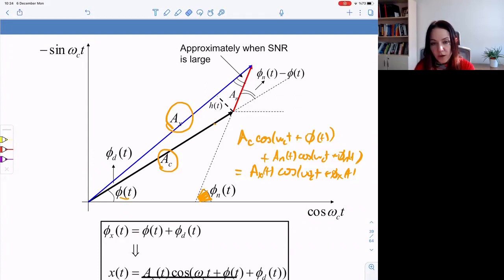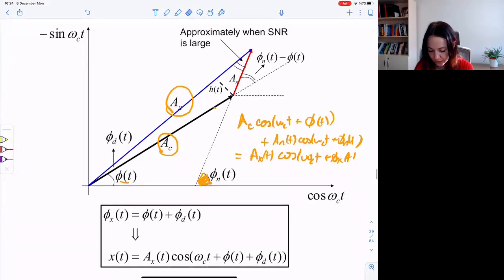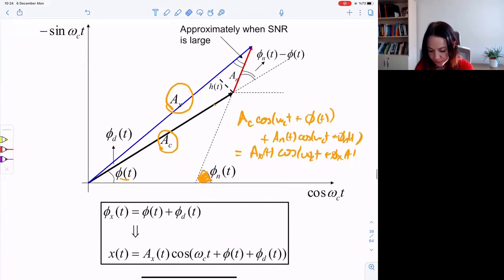But under the highest order approximation, we can make the approximation that this angle here, which is phi_N minus phi, is approximately the same as this angle. So we are making the assumption that the blue and the black are almost parallel.